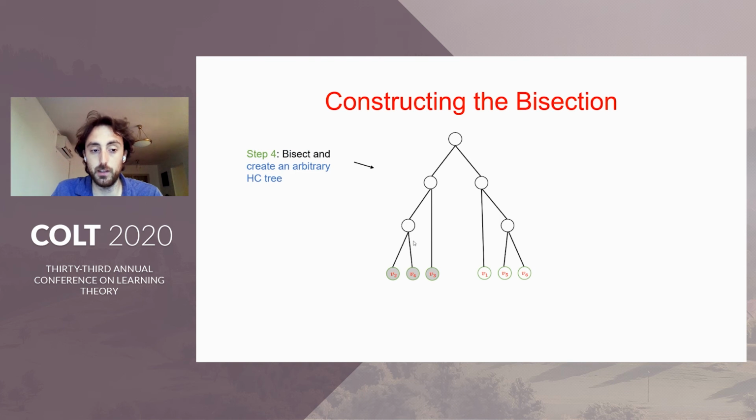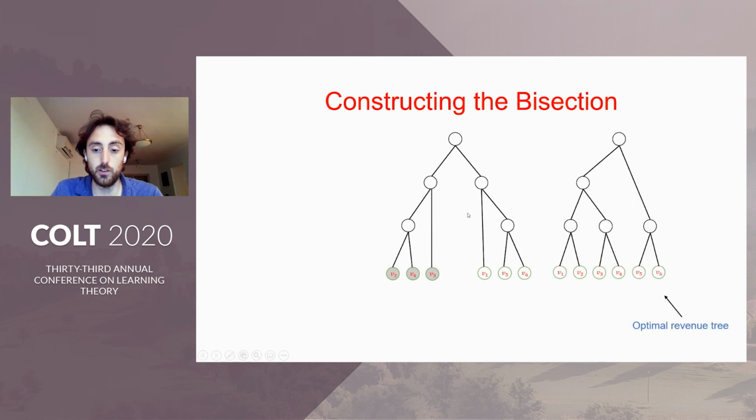And now we simply continue generating an HC tree arbitrarily. Our theorem states that given the optimal revenue tree and the revenue it generates, this bisection, the first cut in and of itself, already generates a revenue that is half of the optimal revenue.